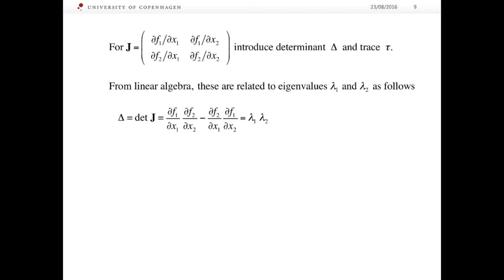Now, from linear algebra we know that the determinant of a matrix is equal to the product of its eigenvalues, and that's what we write.